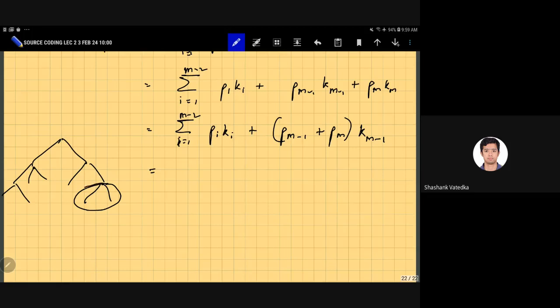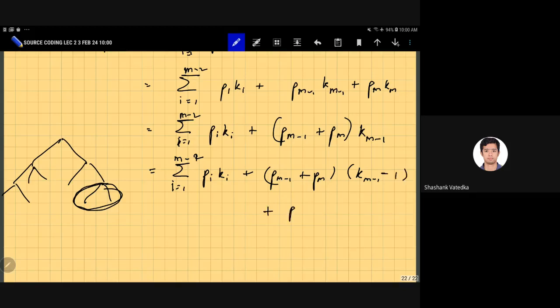I take two symbols with the least probability and I merge them, so I'll get another code on m minus 1 symbols: the sum of Pi Ki plus P m minus 1 plus P m times K m minus 1 minus 1, plus P m minus 1 plus P m.